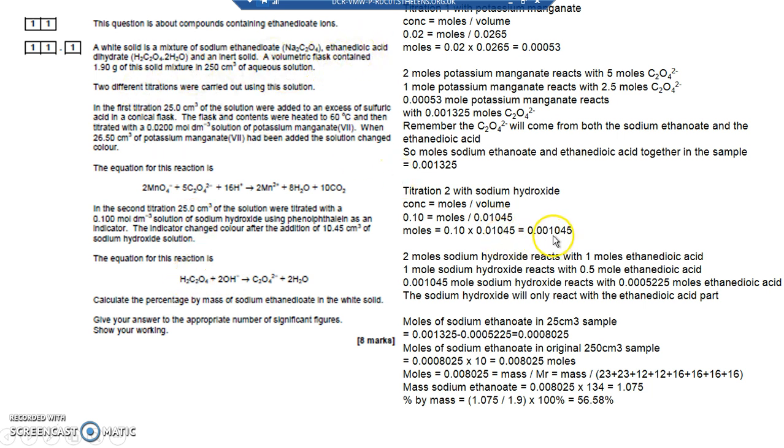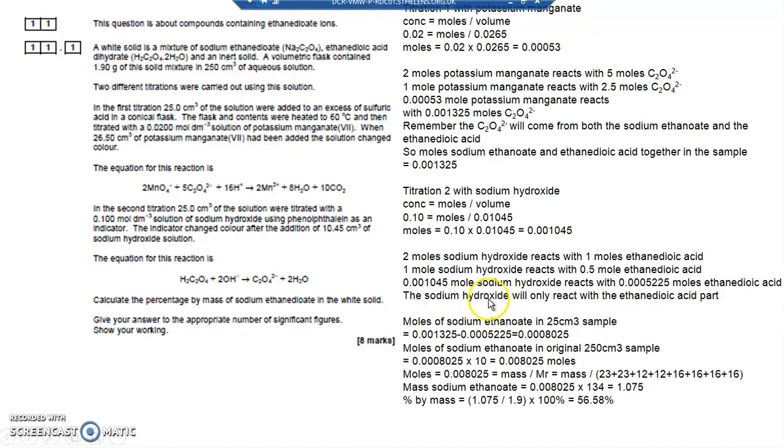So if I've worked out the number of moles of sodium hydroxide, if I halve that, divide by 2, I will work out the number of moles of ethanedioic acid that it's reacting with. So I've now worked out, because the sodium hydroxide will only react with the ethanedioic acid part, then 0.0005225, in other words, this value of my sodium hydroxide divided by 2 tells me the number of moles of ethanedioic acid dihydrate in there, which equals 0.0005225 moles.